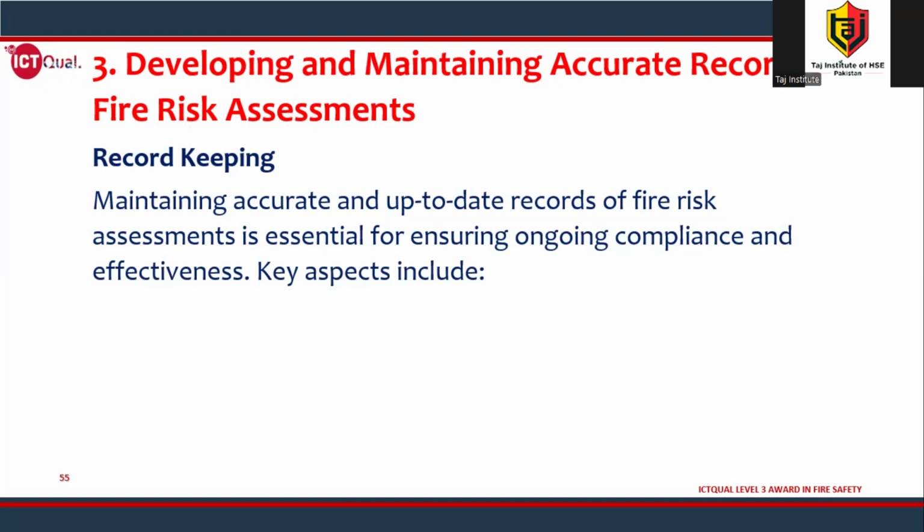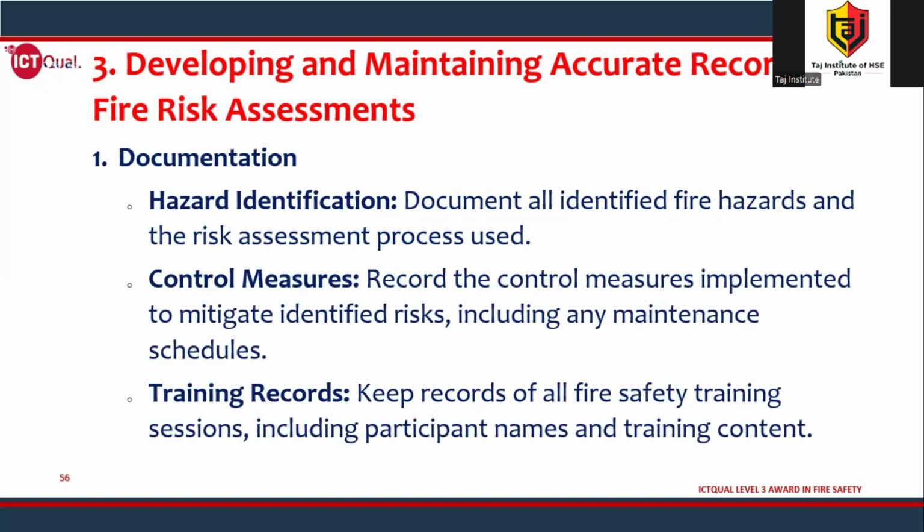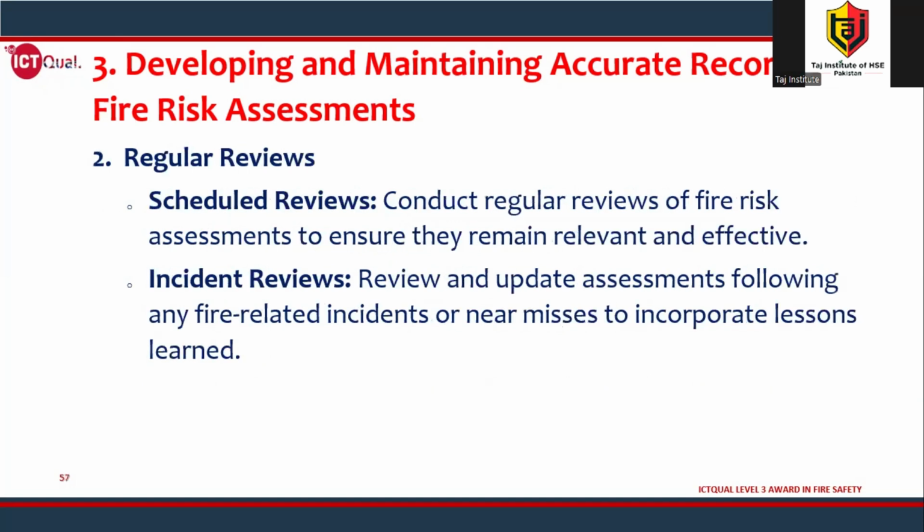Maintaining accurate and up-to-date records of fire risk assessments is essential for ensuring ongoing compliance and effectiveness. Key aspects include documentation: hazard identification, control measures, training records. All should be documented, along with regular reviews, scheduled reviews and incident reviews. Conduct regular reviews of fire risk assessments to ensure they remain relevant and effective.